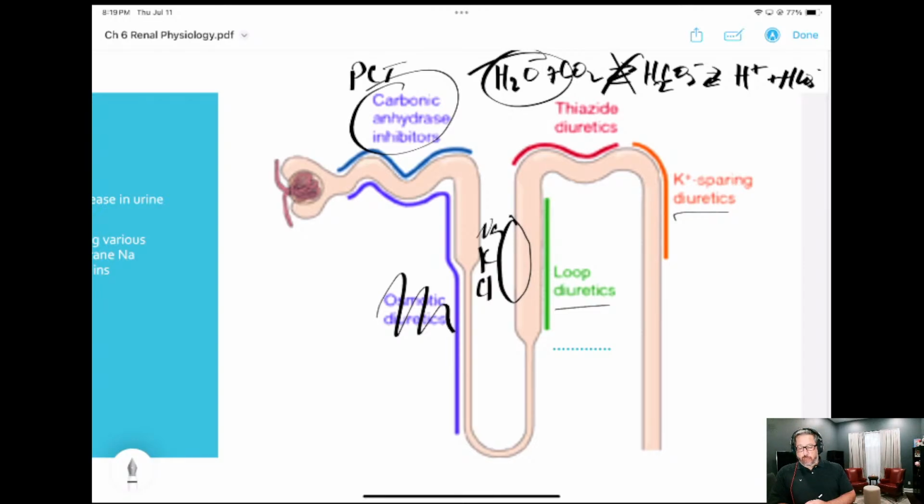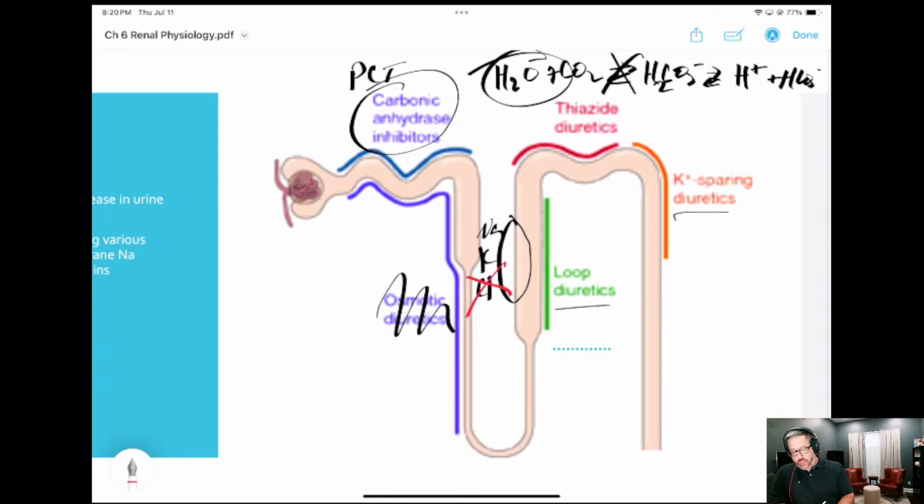When you give a loop diuretic, it blocks chloride from binding to that receptor. And when it can't bind, the entire receptor shuts down. All three shut down. You can't get sodium back in. So sodium stays in the tubular fluid, and if sodium is staying there, water will stay there as well.